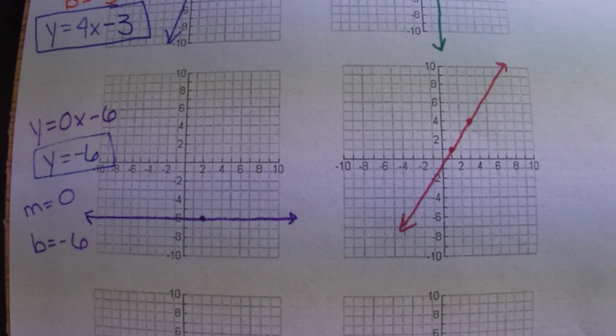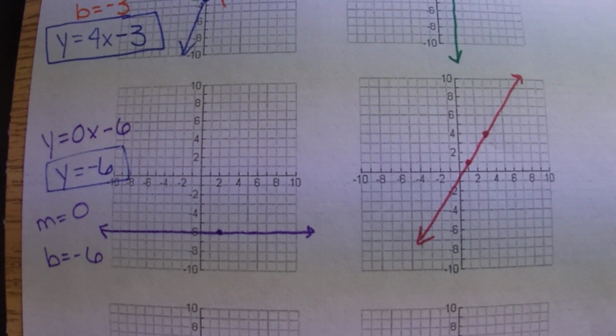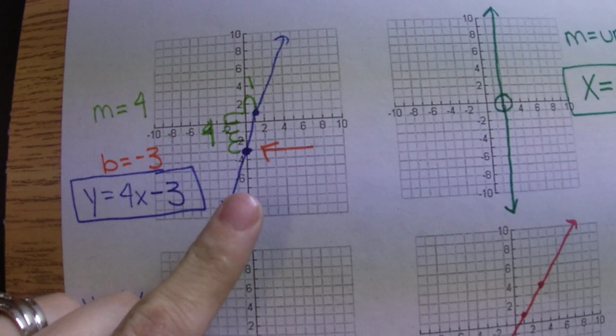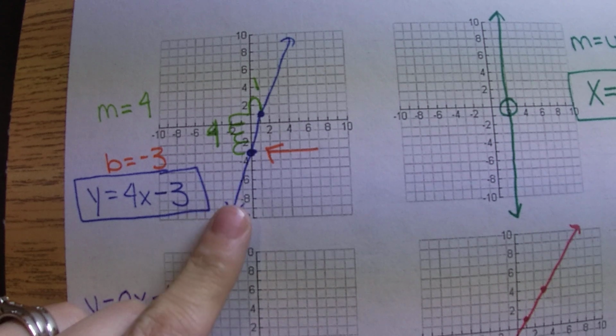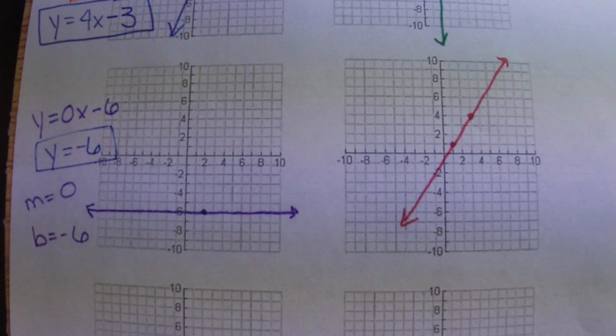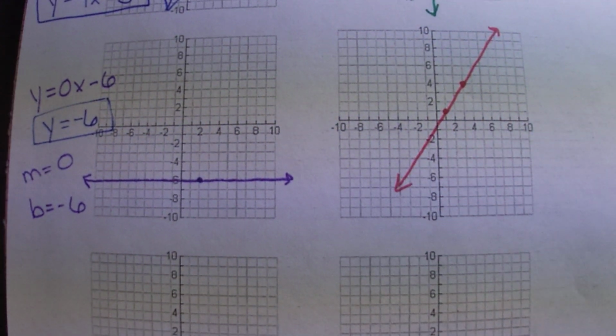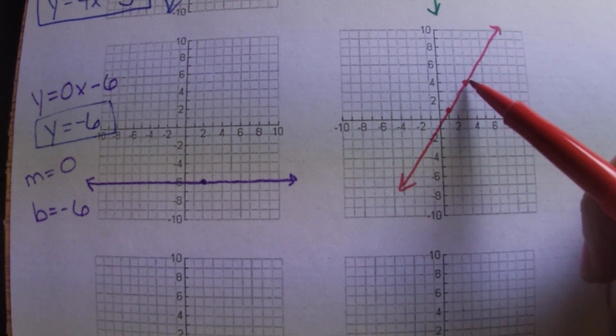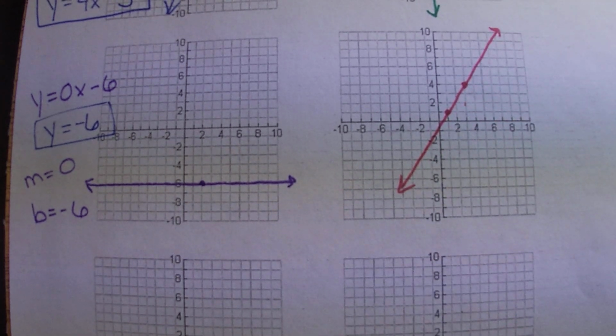So once we have this line, if we want to write the equation of this line, we're a little bit stuck and we can't go with the option that we did up here on the first one. Our line doesn't cross at a nice, neat point on the y-axis, and so we don't know exactly what that is. So that leaves us with 2 choices. We can either name these 2 ordered pairs to find the slope. That would be fine. Or we can count rise over run to find the slope.